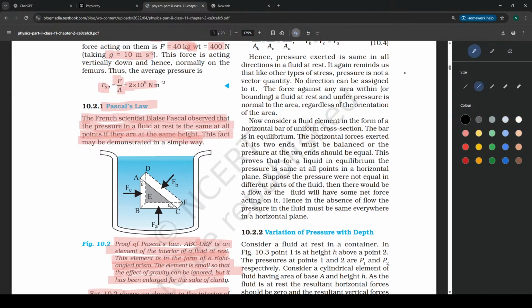Why it is so is because if we consider the forces, then if this is an angle, this is the normal, this is the angle with the normal, and if we draw another face like this, this is the resolution of the forces.